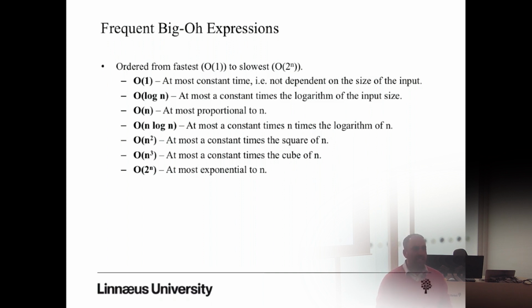And then if you have an algorithm whose time complexity is proportional to the input size, O of n, and then it comes to the exponential, like n raised to power 2, 3, 4, n. So that will take the most number of time.